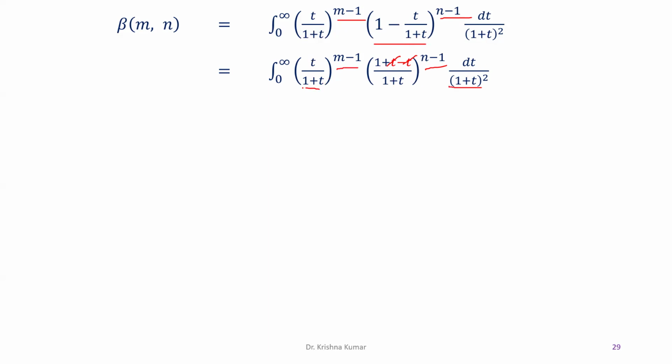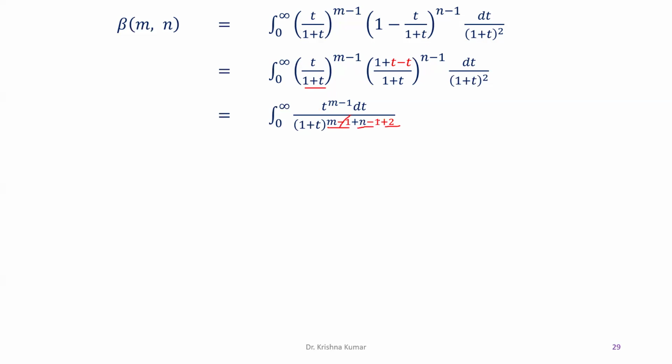So just look here, it is (1 plus t) to the power m minus 1, (1 plus t) to the power n minus 1, (1 plus t) whole to the power 2. So we can write t to the power m minus 1, 1 to the power n minus 1, so we have only t to the power m minus 1. And in the denominator, 1 plus t to the power m minus 1, n minus 1 plus 2.